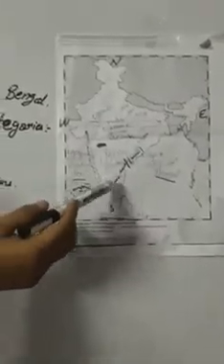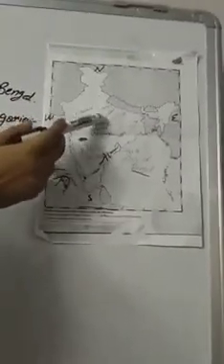In this way we learned about the geographical divisions of India: the Himalaya mountains, the northern plain, the Peninsular plateau, the Indian desert, the coastal plain, and the island groups. And each geographical division has its own importance. The Himalaya mountains are a rich source of wildlife, and the northern plains are the greenery of India, because agricultural activities are mostly done in this area.